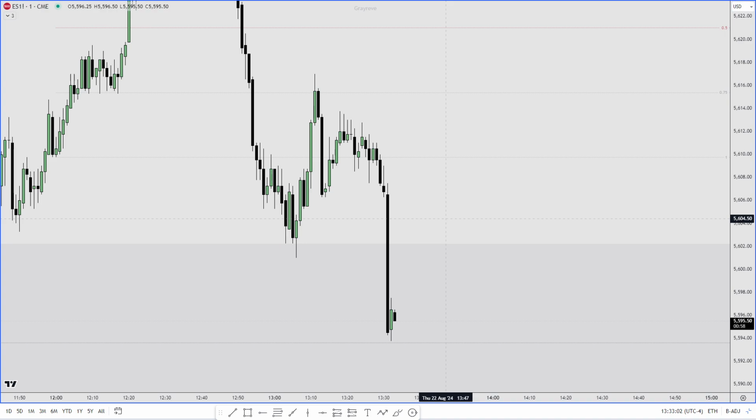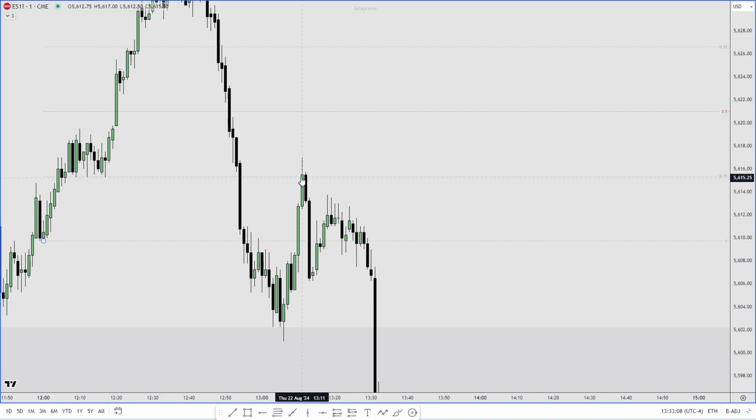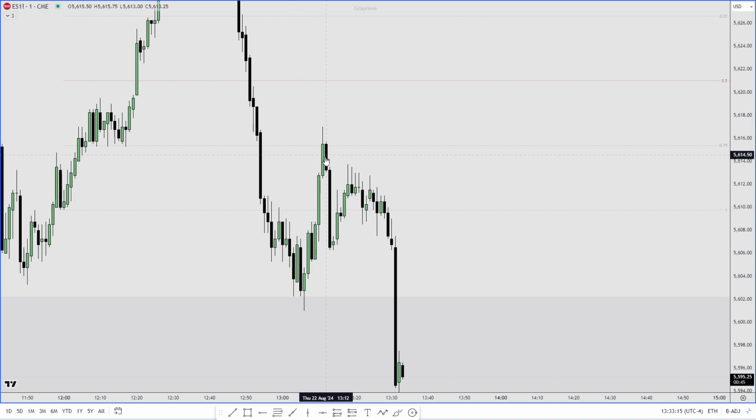Another move gone, but this move is not that clean in my opinion. We traded all the way up into 25% of the 30 minutes order block, and then we hung around at the lower quadrant of it. We closed below this candle here. This was the one I was looking for because it has taken out this short-term swing high, and we got a close right here.